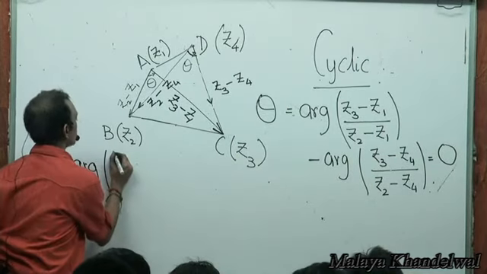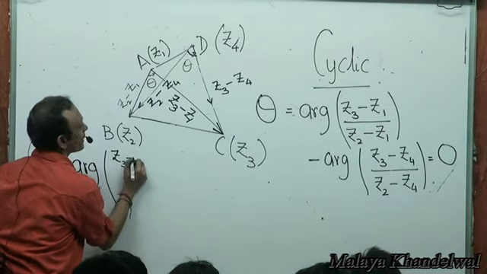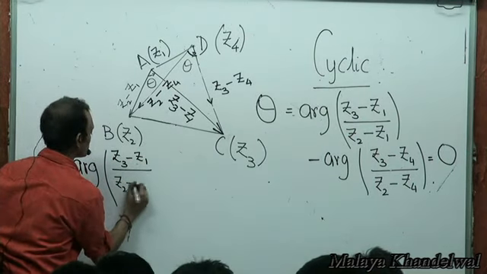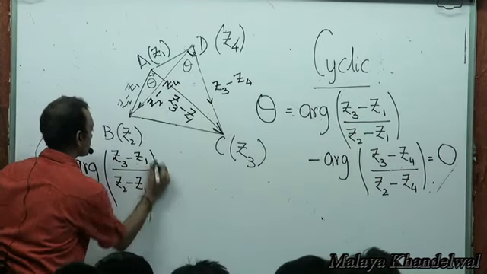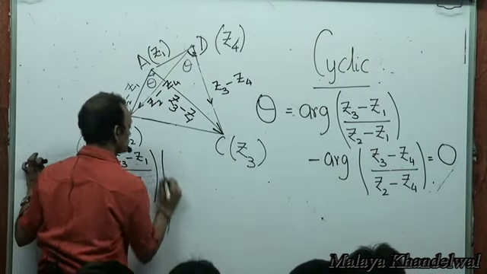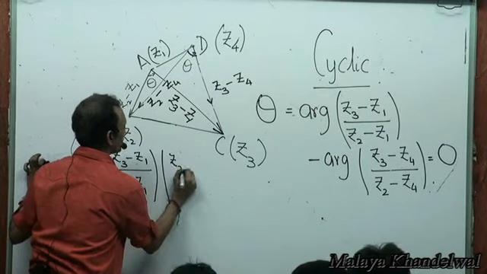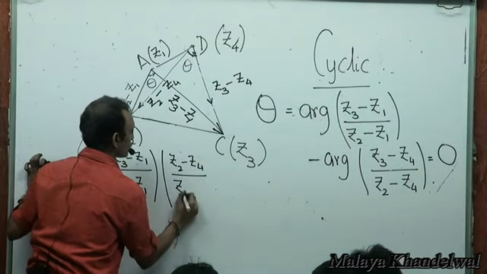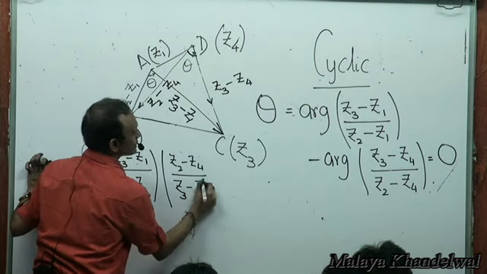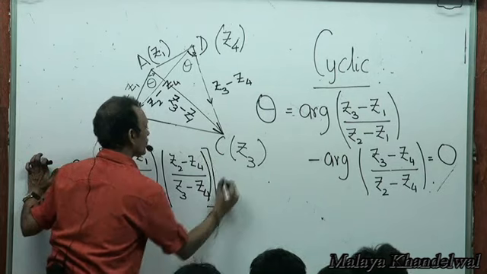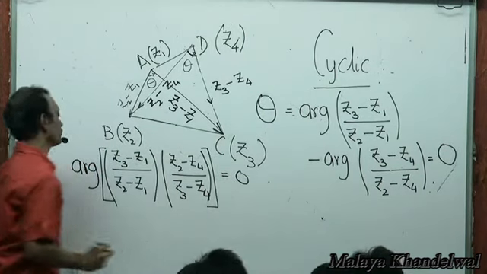That means argument of Z3 minus Z1 by Z2 minus Z1, divided by Z3 minus Z4 by Z2 minus Z4, must be 0.